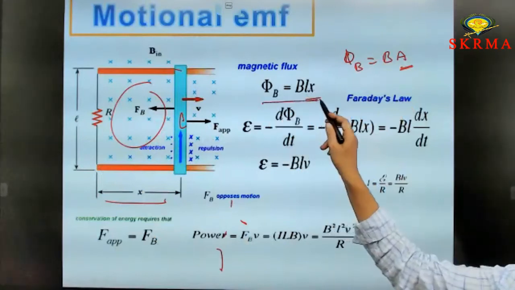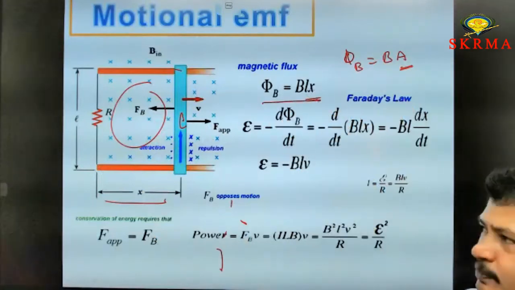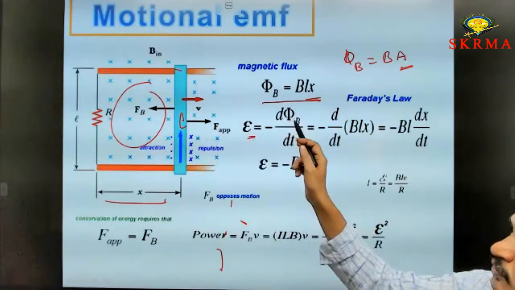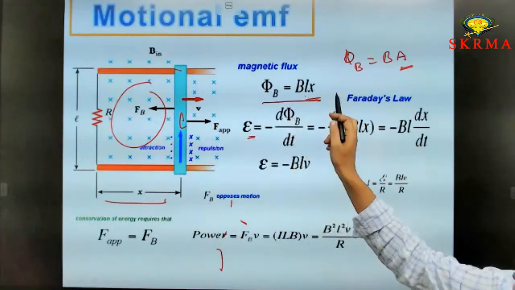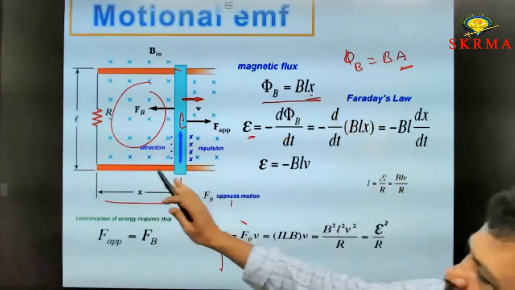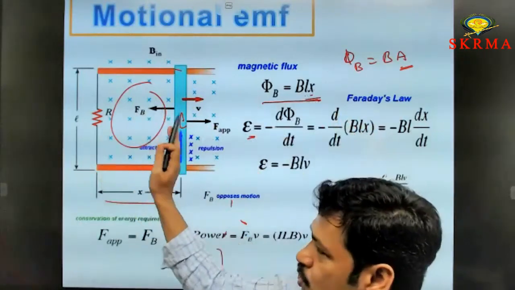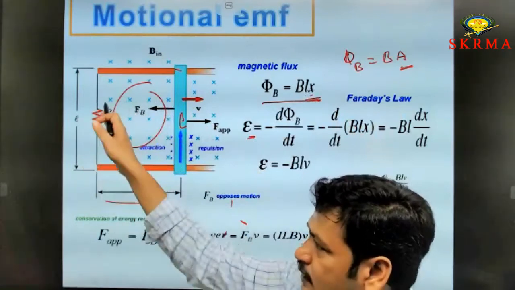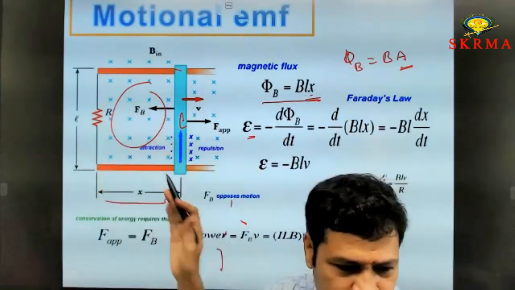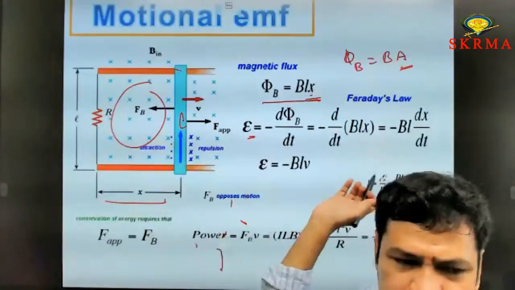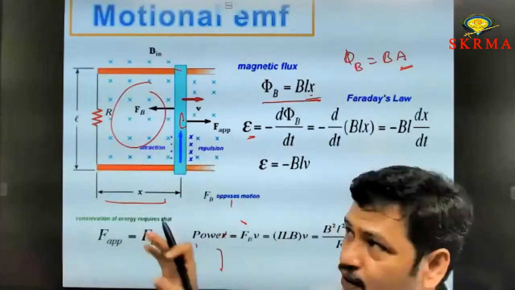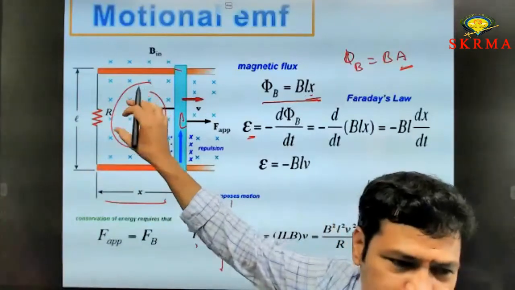So BLx is the flux. If you want to calculate the induced EMF, induced EMF equals d phi by dt. If you differentiate this, the varying quantity is only x. Whenever the rod is close to the initial line, the displacement is small; whenever it moves towards the right, the displacement increases, and obviously the area of the loop increases.